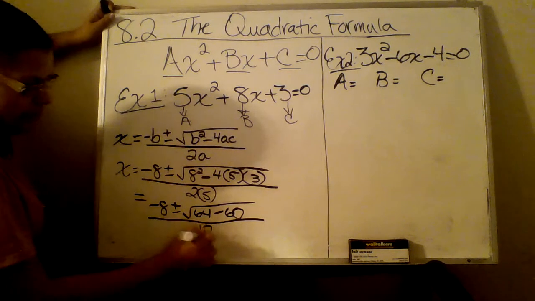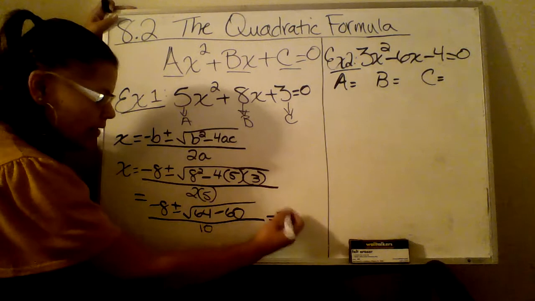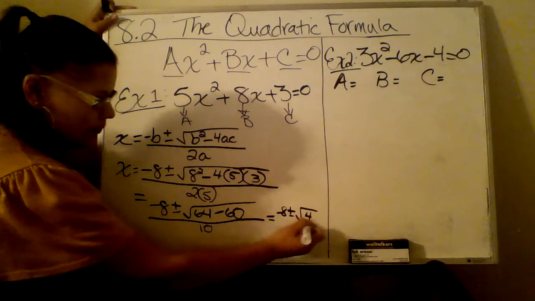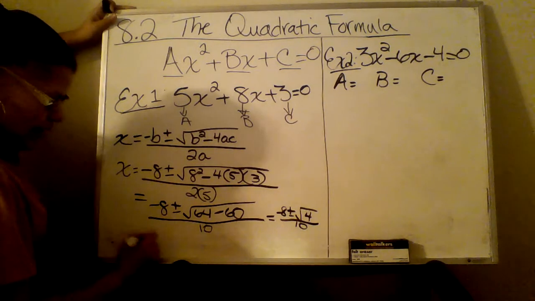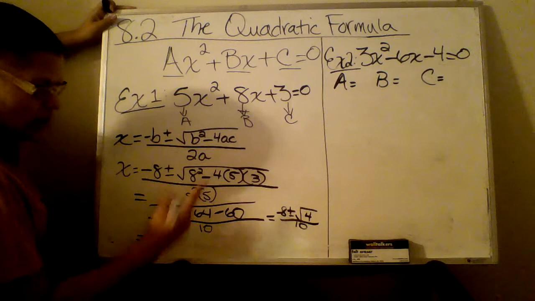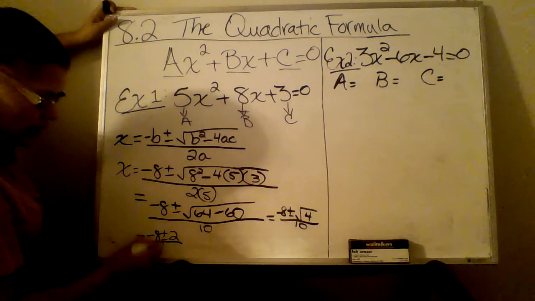That's 10. So then we have negative 8 plus minus the square root of 4 divided by 10. And then negative 8 plus minus square root of 4 is 2, and that's all divided by 10.